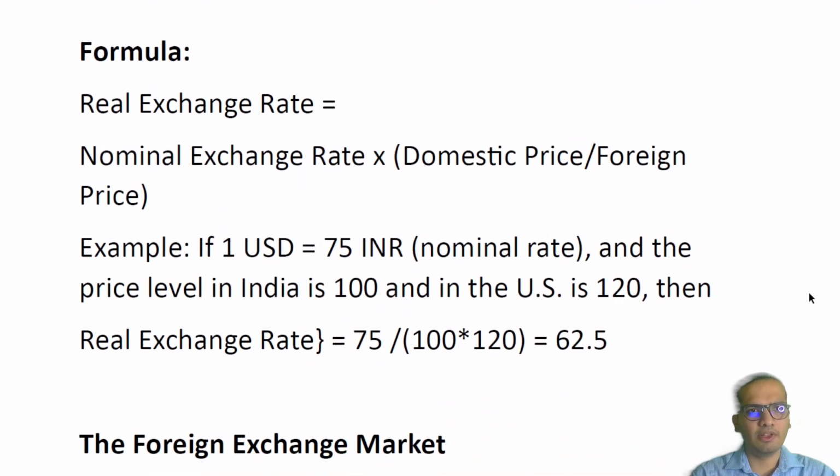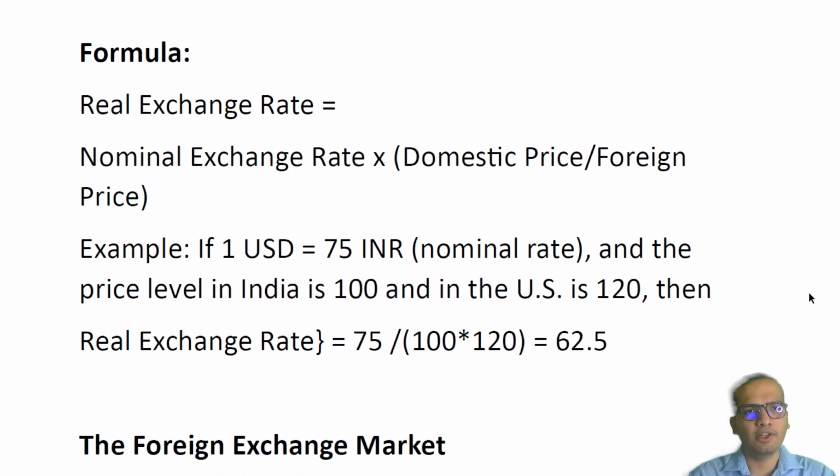So here is an example of how to calculate a real exchange rate. The real exchange rate is the nominal exchange rate multiplied by the domestic price and divided by the foreign price.